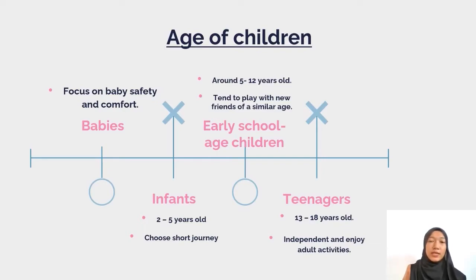Next is early school age children, aged 5 to 12 years old, and they tend to play with new friends of a similar age. Next is the teenager, aged between 13 to 18 years old, and they also need to have an independent life, and they enjoy adult activities.